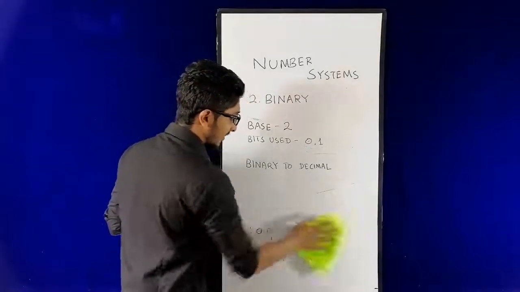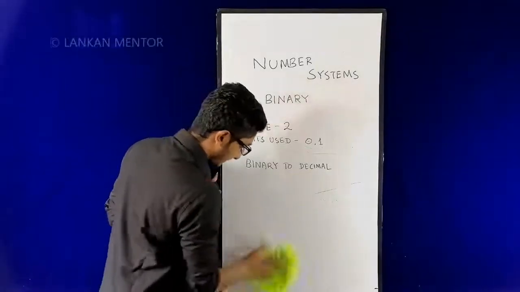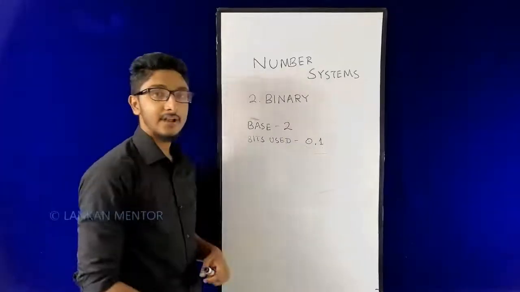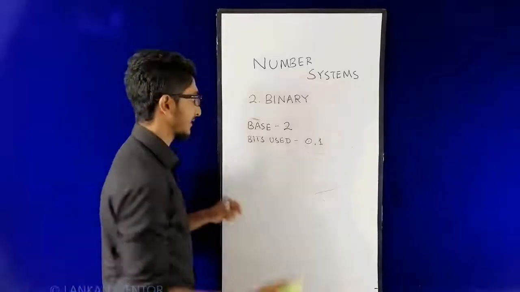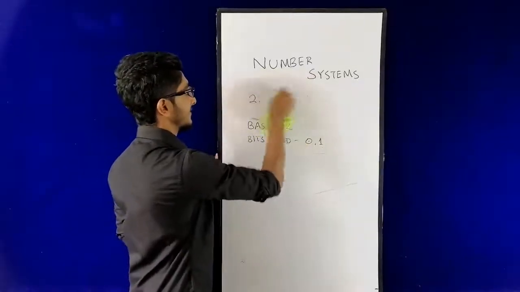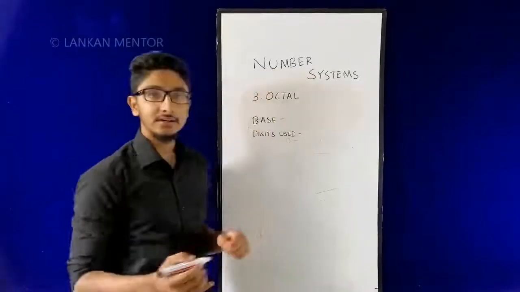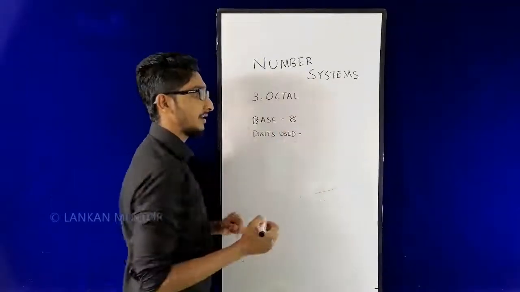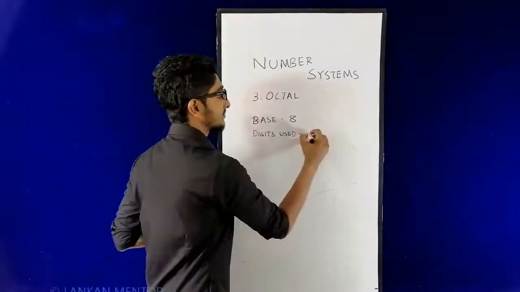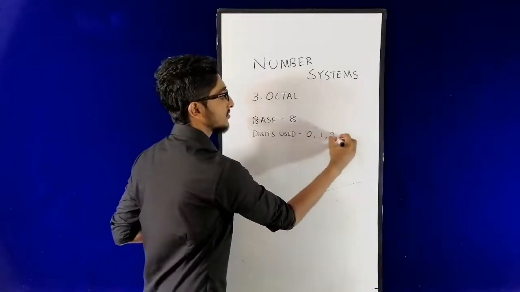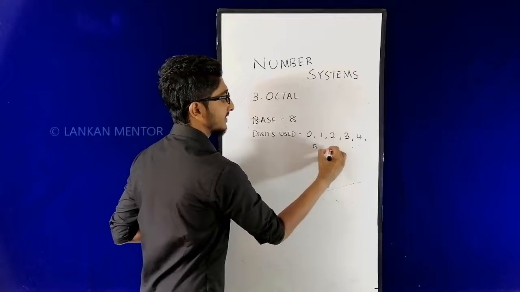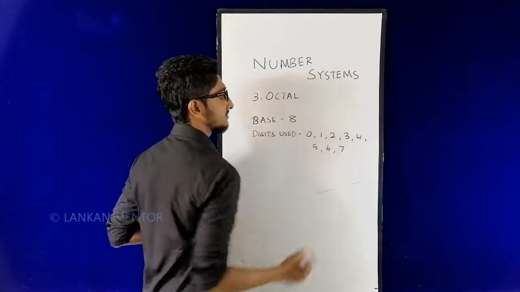Now next we'll move on to the next number system, octal number systems. Okay, for octal we have base 8, which means again we go from 0, 1, 2, 3, 4, 5, 6, 7.